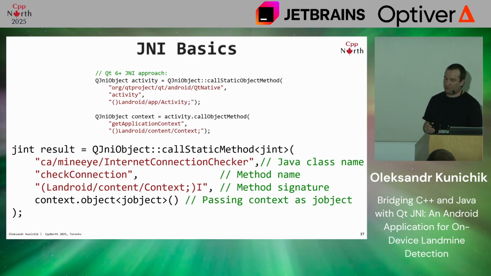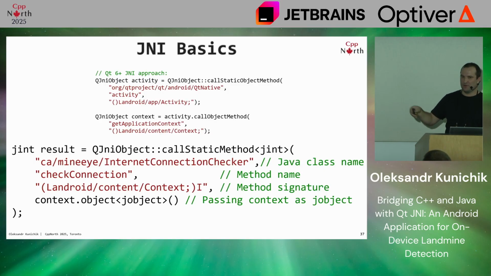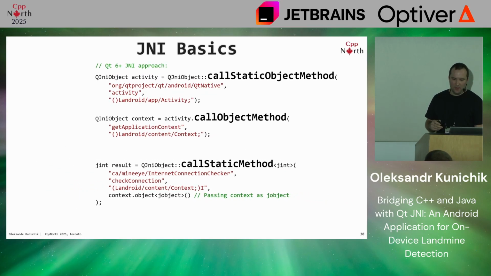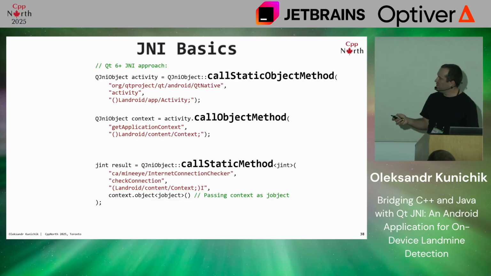So activity is short-lived, so we cannot reuse it, but context we can cache somewhere and reuse call after call. Pay attention to this difference. So we have call static object method, call static method, call object method.